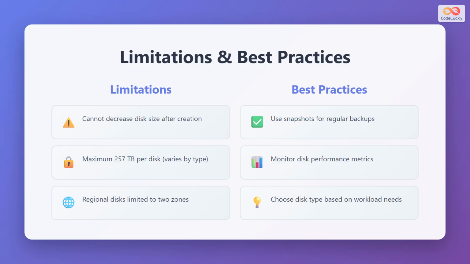For best practices, always use snapshots for regular backups to protect your data. Monitor disk performance metrics to ensure you're getting the performance you need. And finally, choose your disk type based on your specific workload requirements to optimize both performance and cost. Following these guidelines will help you get the most out of persistent disks in your Google Cloud infrastructure.